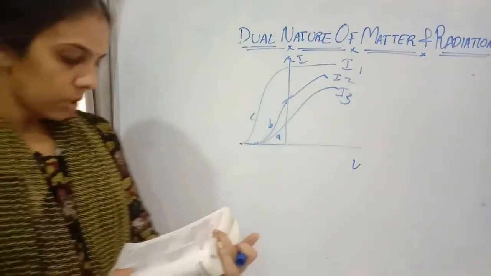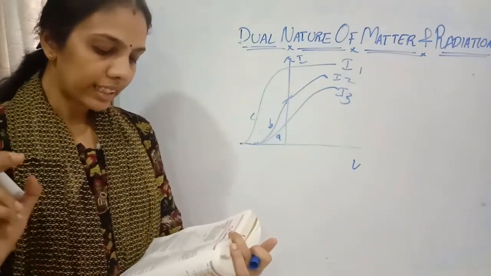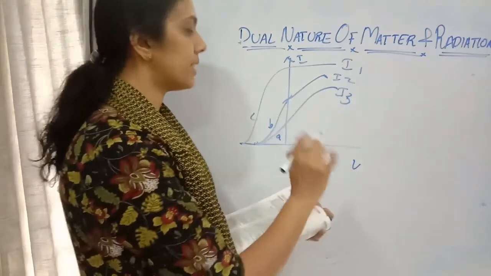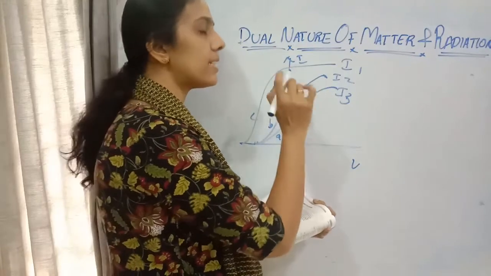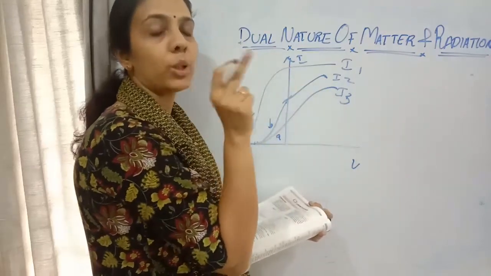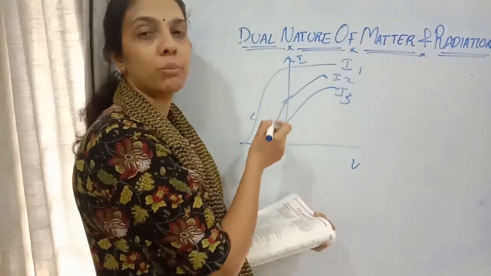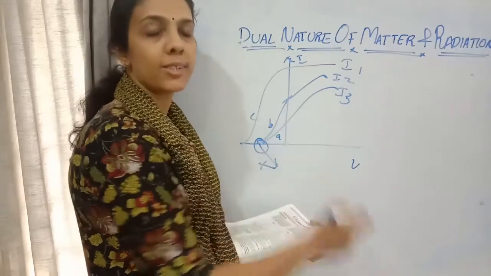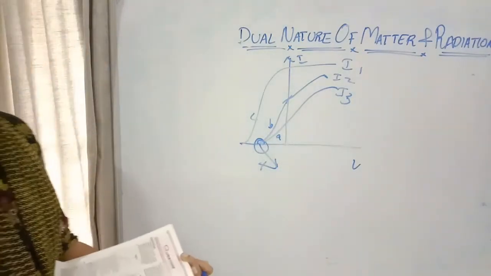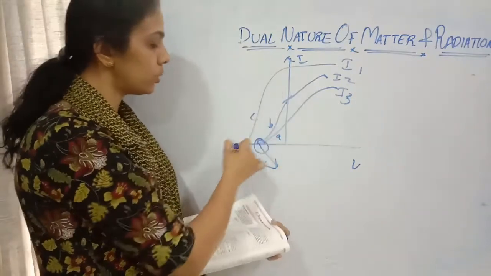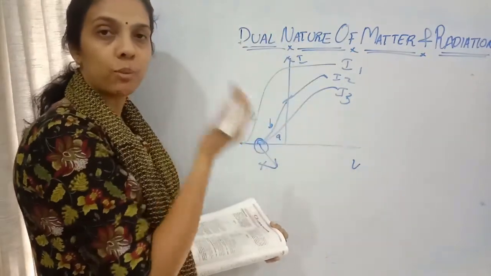Now point out the two curves for which the incident radiation have the same frequency, different intensities. Intensity is different, frequency is same. If frequency is same, we know that the stopping potential will be the same. Frequency and stopping potential are directly proportional, and as the frequency increases, the stopping potential also increases.